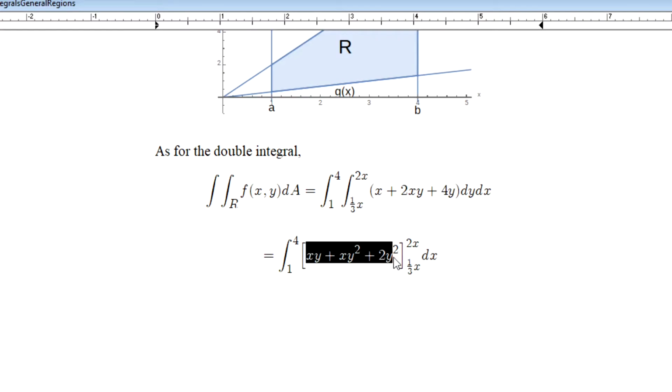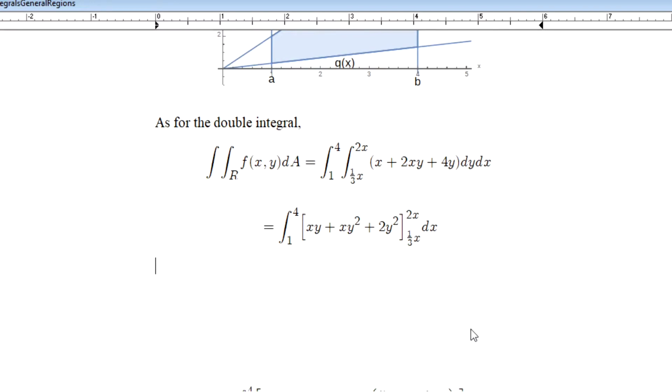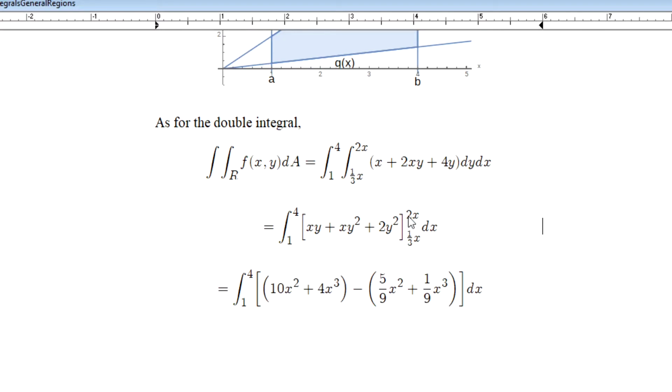Now we're going to evaluate this function at the values of y at 2x, where y equals 2x, and take away from it what we would get when we evaluate this function at y equal to 1/3 x. If we consider the evaluation of that antiderivative with respect to y equaling 2x, we have this result.